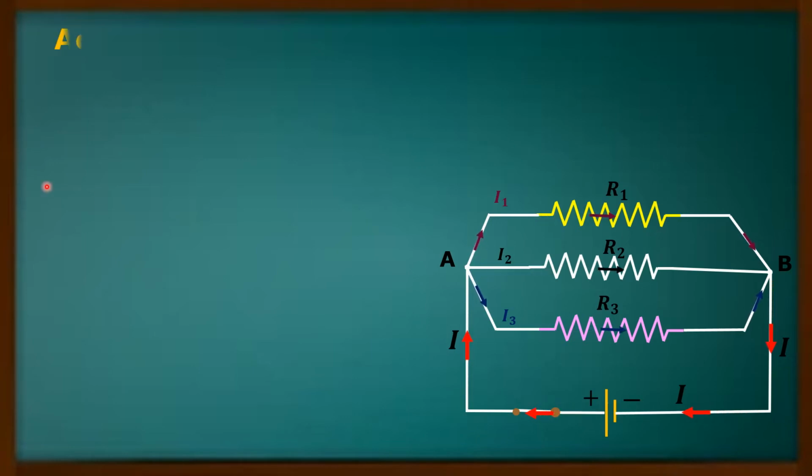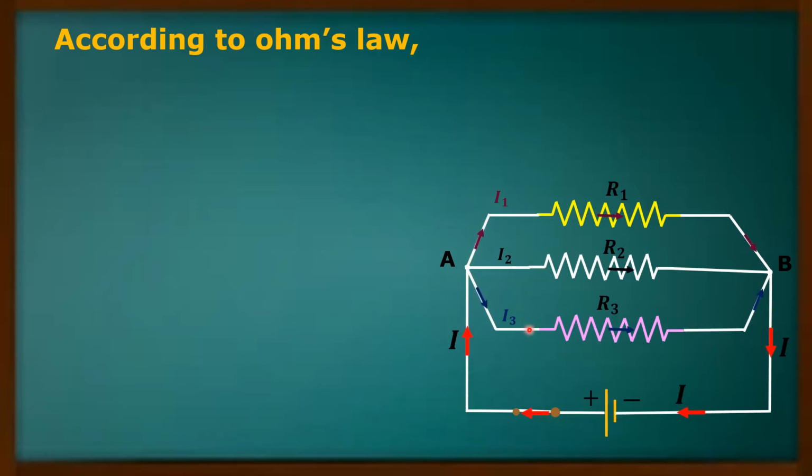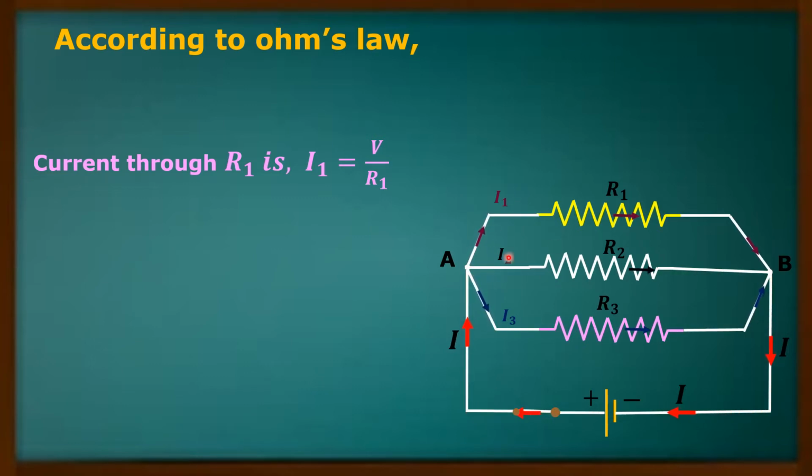Now, according to Ohm's law, let us find the current I1, current I2, current I3. So, according to Ohm's law, see here, let I1 be the current flowing through R1. How much potential difference has been applied across the resistor R1?